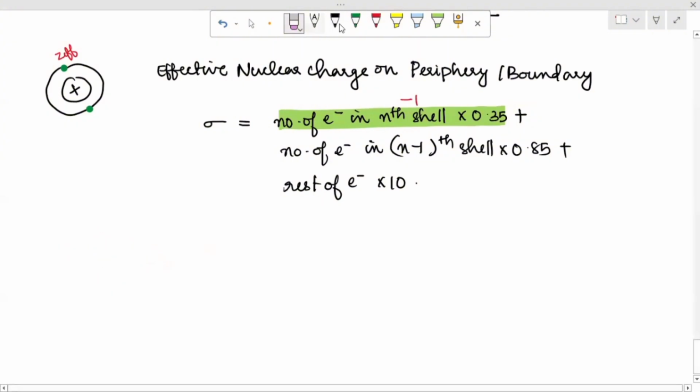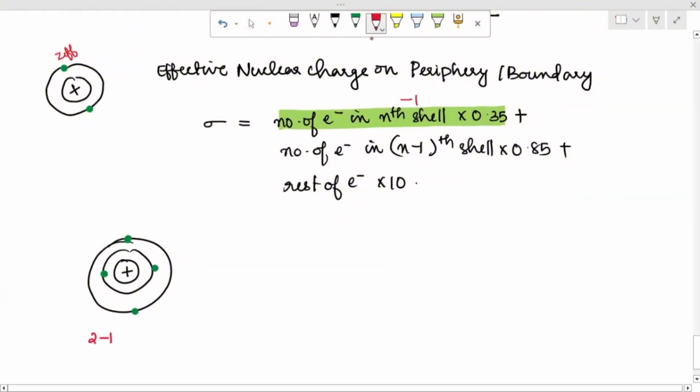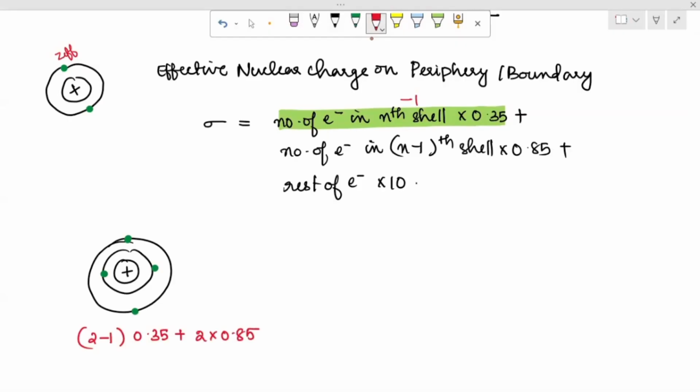I'll explain it again. Let's say you took beryllium. You have 2 electrons here in 2s. And the equation actually is (2 minus 1) into 0.35 plus 2 into 0.85. If it is on the electron, you have to find the screening constant on the electron.